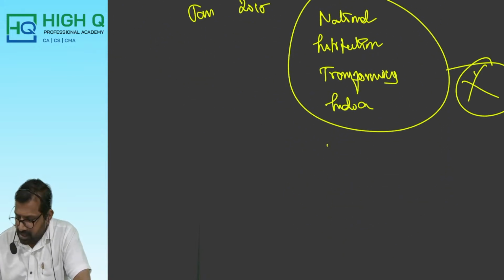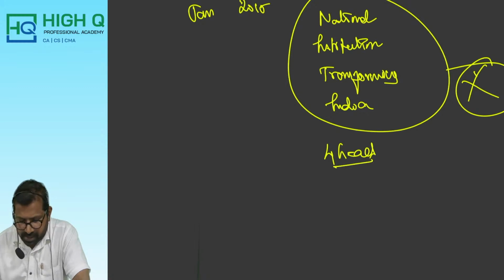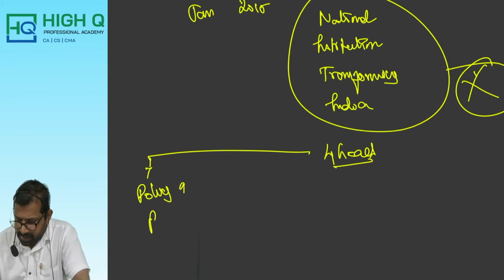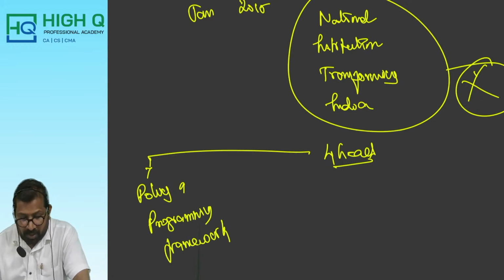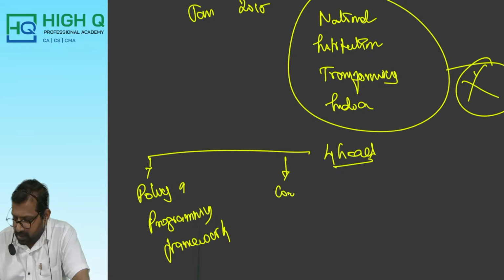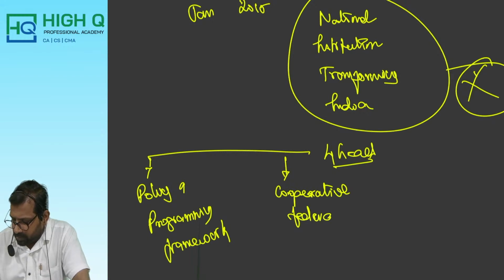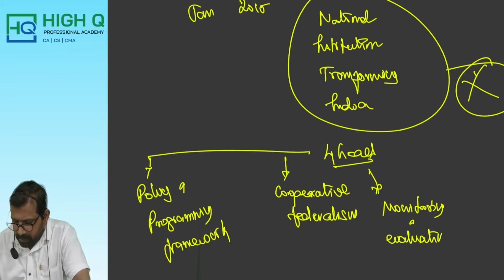At last, there are 4 H's to be analyzed. One is policy and programming framework. Another one is cooperative federalism. Third one is monitoring and evaluation.